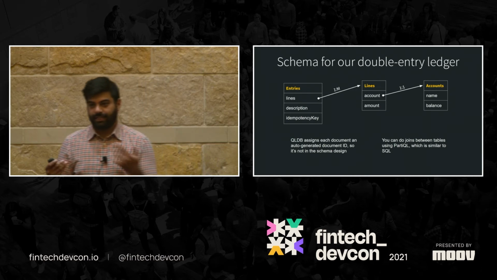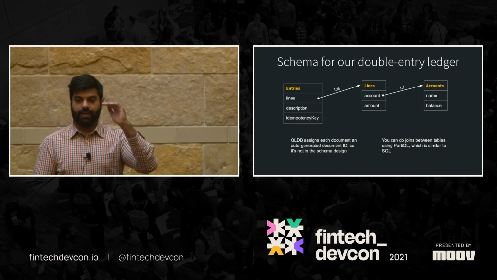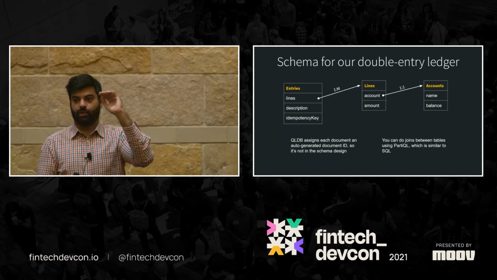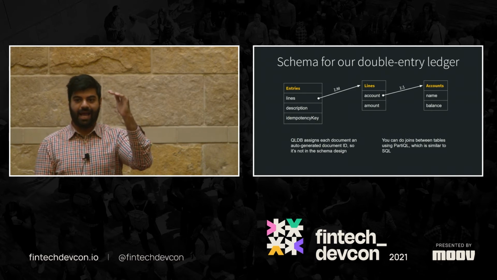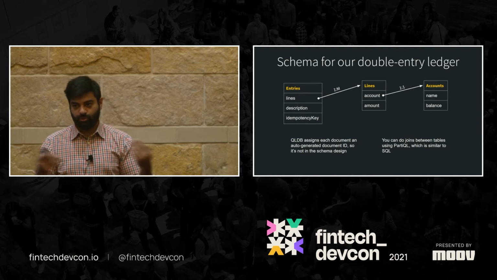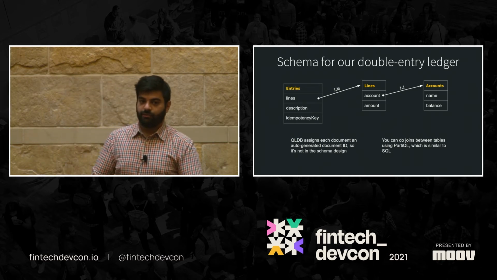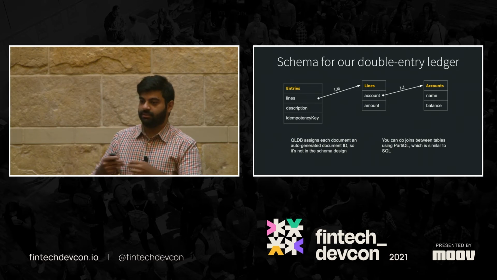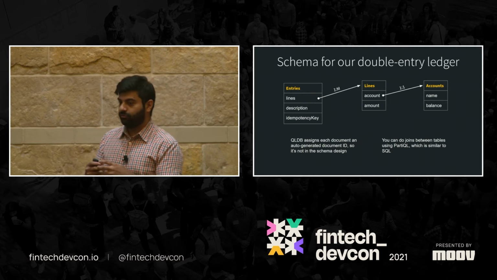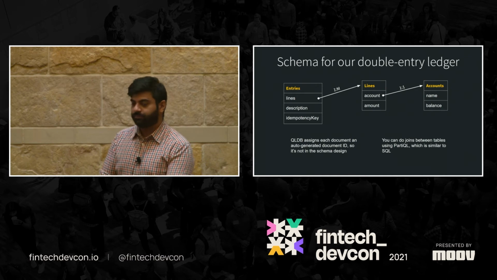But when they want to calculate a balance, they'll usually do a query asking for all of the lines and do an aggregate across those lines to get the balance, right? And the reason you don't store a balance in that type of database is because it's harder to make it transactionally consistent.